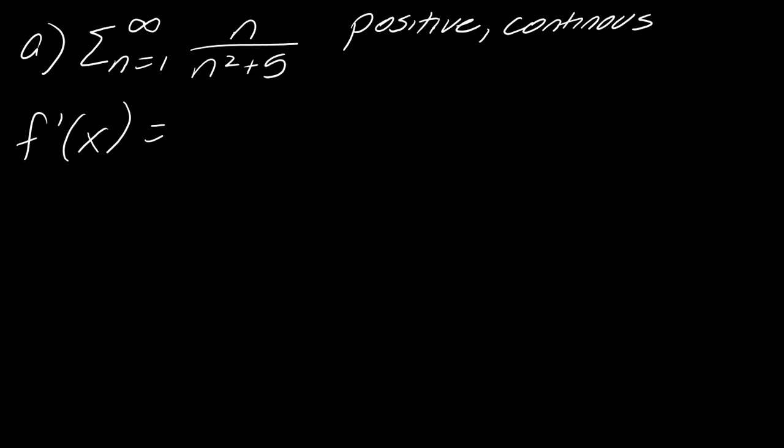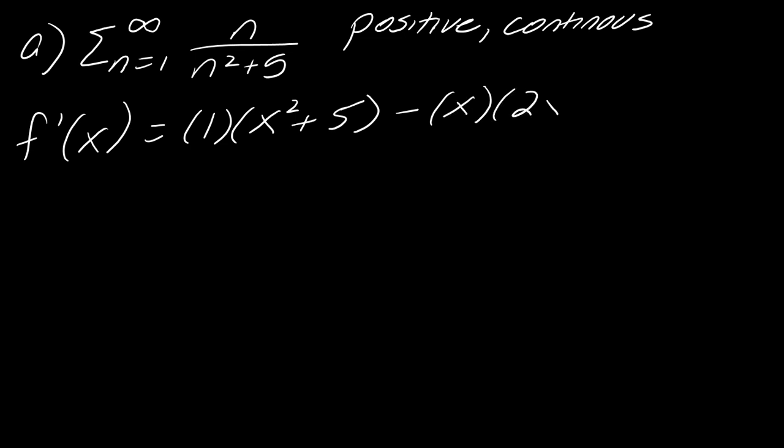So I take the derivative of the top times the bottom, or leave the bottom alone, and then subtract off the top times the derivative of the bottom. I'm sorry, I should make these all x's. Brain's at like half capacity for some reason today. And then this is 2x. Okay, so here's the top part of my derivative, and then divide that all by the bottom squared.